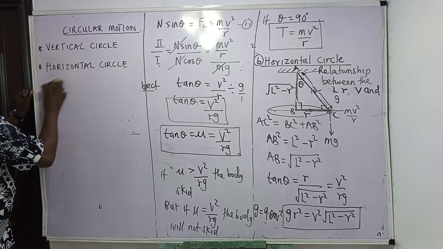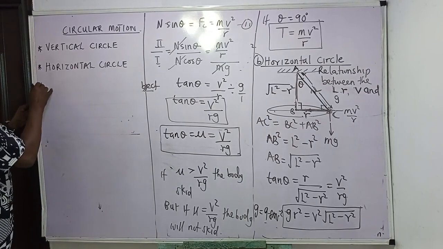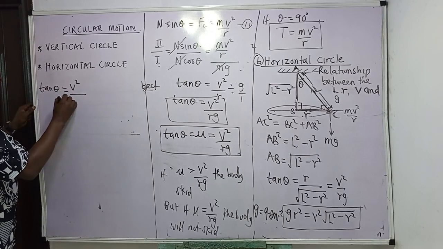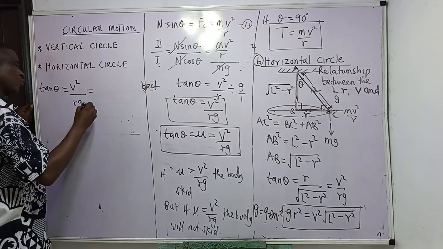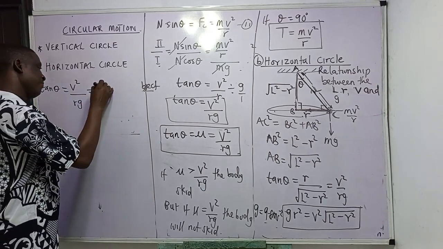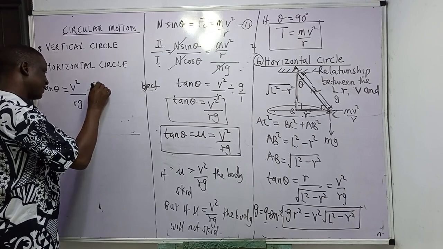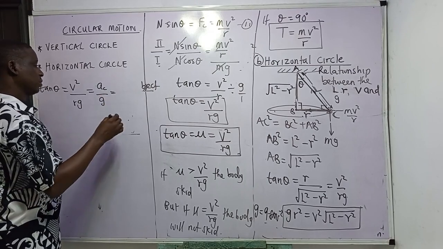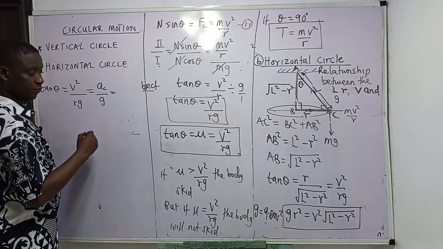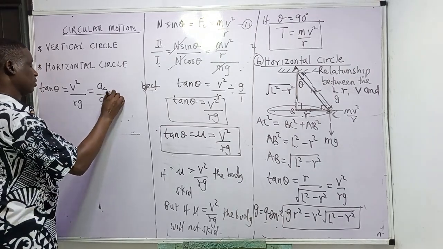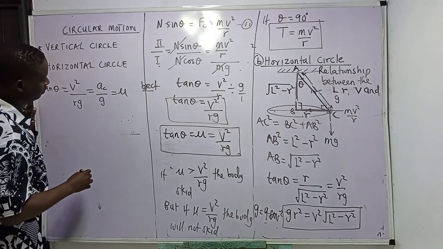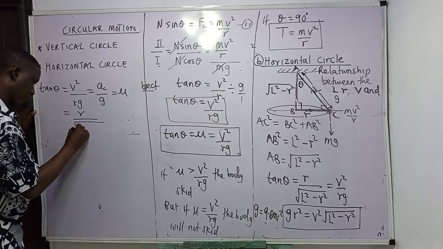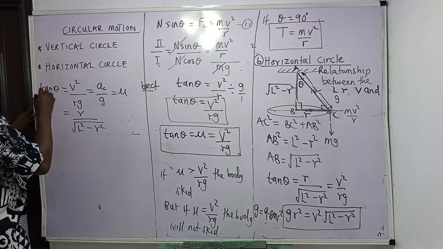To end circular motion here, you can say tan theta is equal to V square over RG, equal to centripetal acceleration over G, equal to mu, and equal to R over square root of L square minus R square.